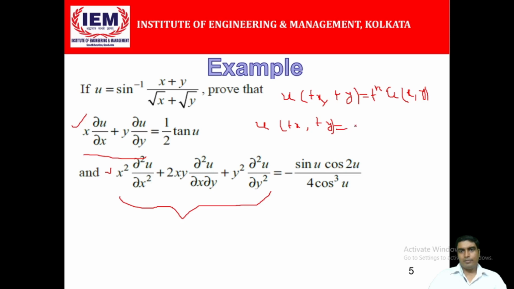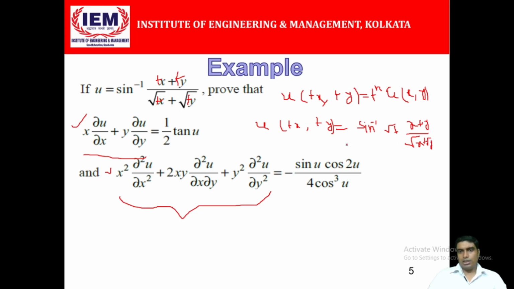that will be sine inverse. Now you are writing tx in the place of x, and in the place of y you are writing ty, and similarly here t and t, right? Now root t will be common in both numerator and denominator, and root 2 will remain, so it will be square root 2 times x plus y by square root of x plus square root of y.